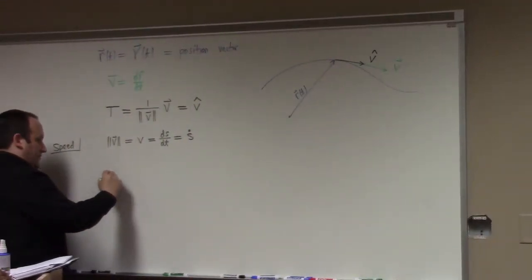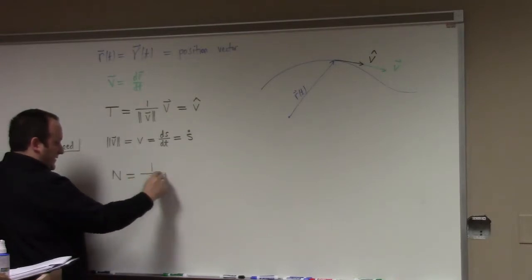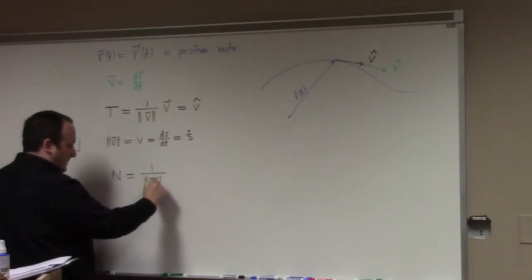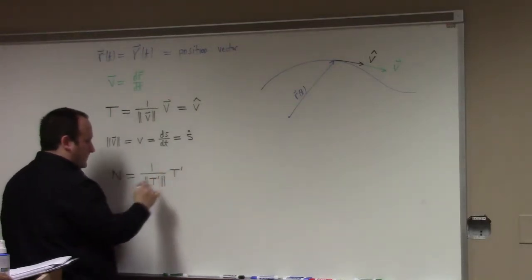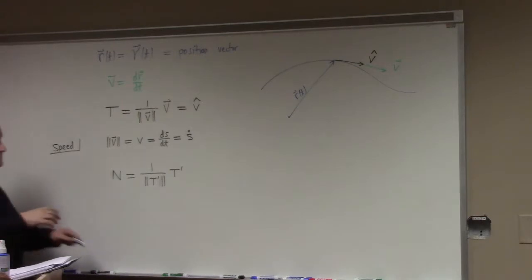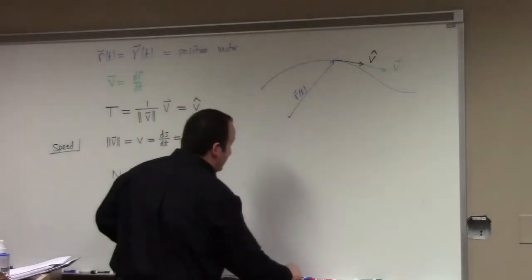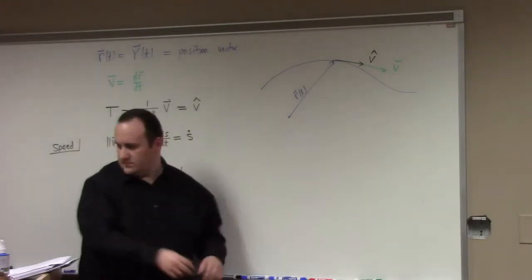So the next order of business, I defined the unit normal, right? Normal was defined to be 1 over the length of T prime times T prime. And so the unit normal, which I'll try to do in another color.